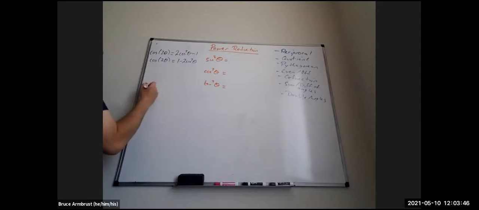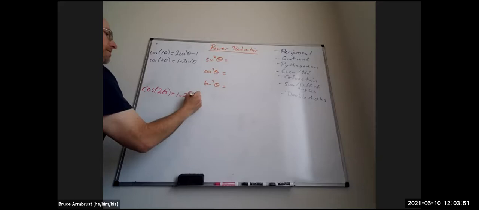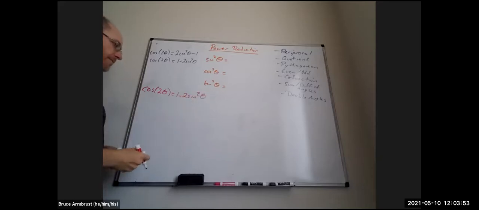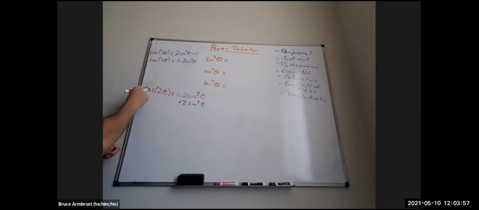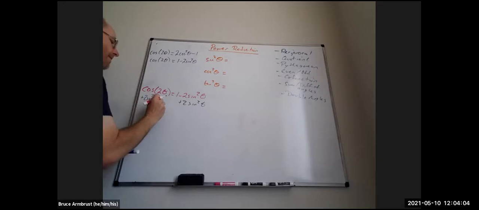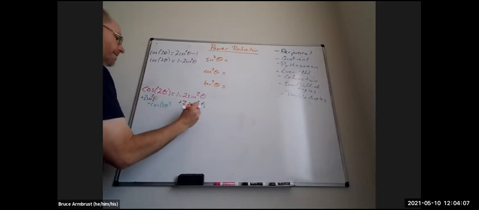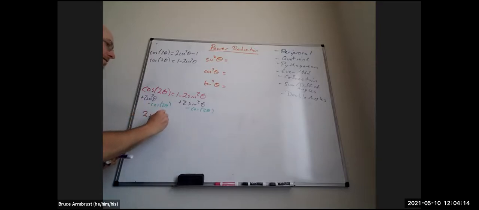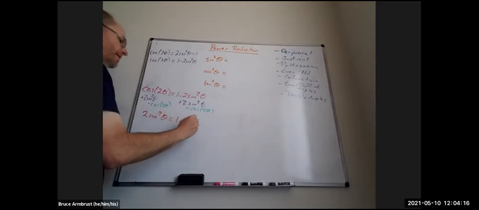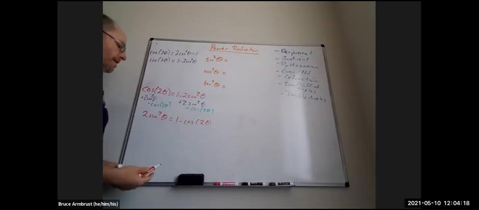So for example, start with the one that involves only sine. So I'm going to add 2 sine squared to both sides. And I'm going to subtract cosine of 2 theta from both sides. So that's going to give me 2 sine squared theta equals 1 minus cosine of 2 theta.